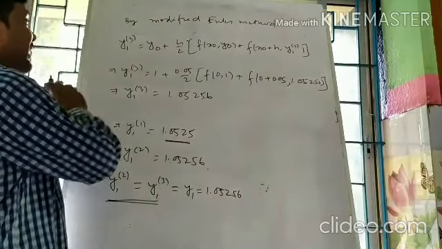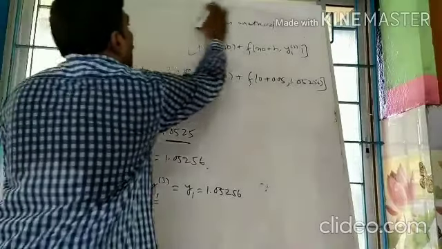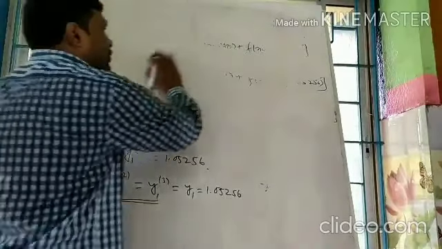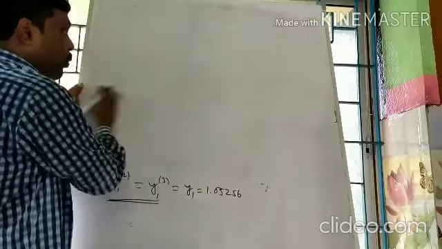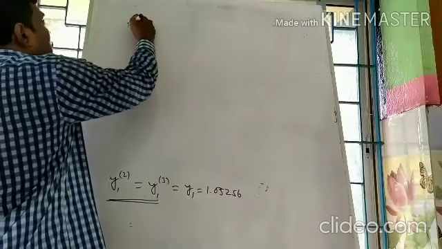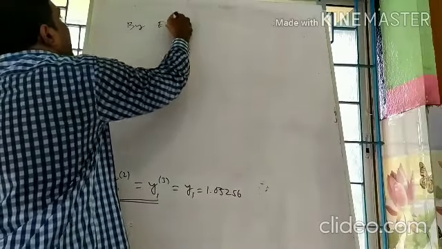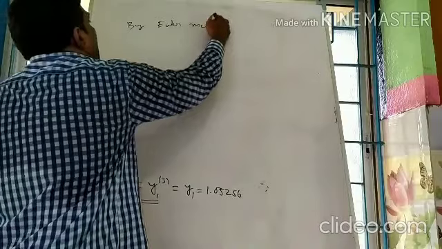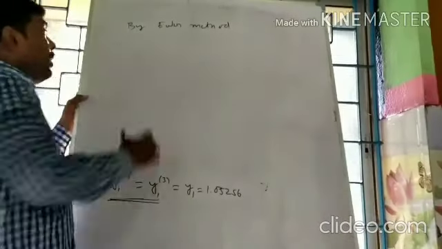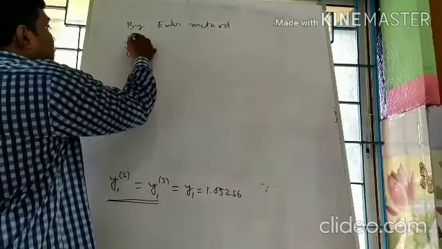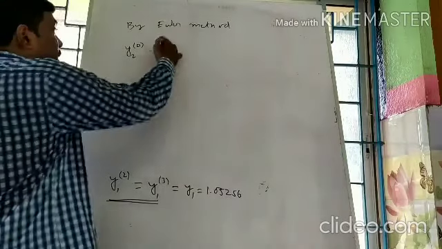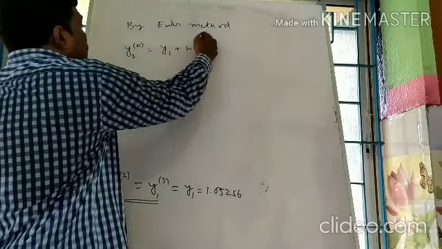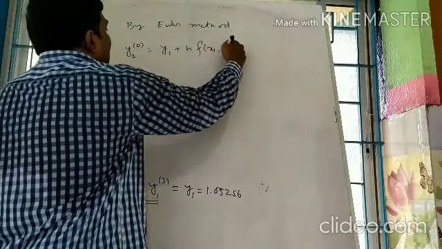Now our target is to calculate y2. So now we have to find the initial approximation of y2 by the Euler method. The initial approximation y20 is y1 plus h times f of x1, y1.